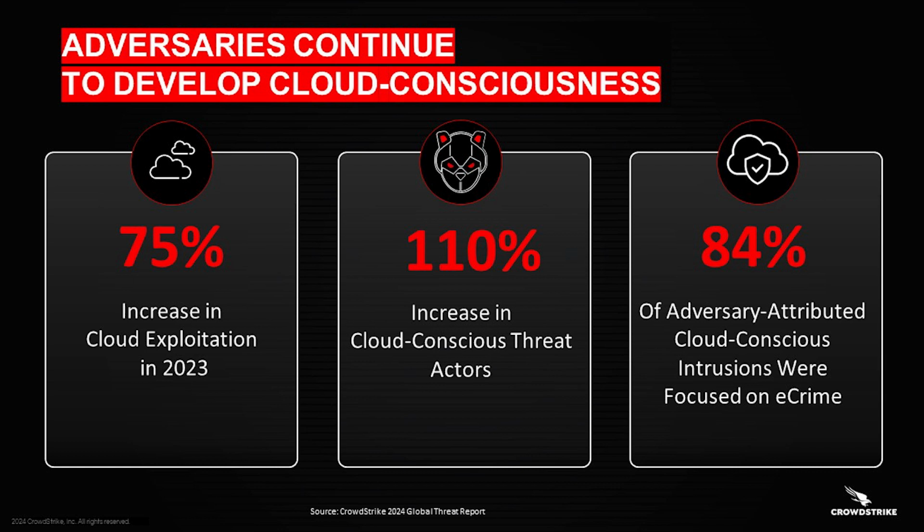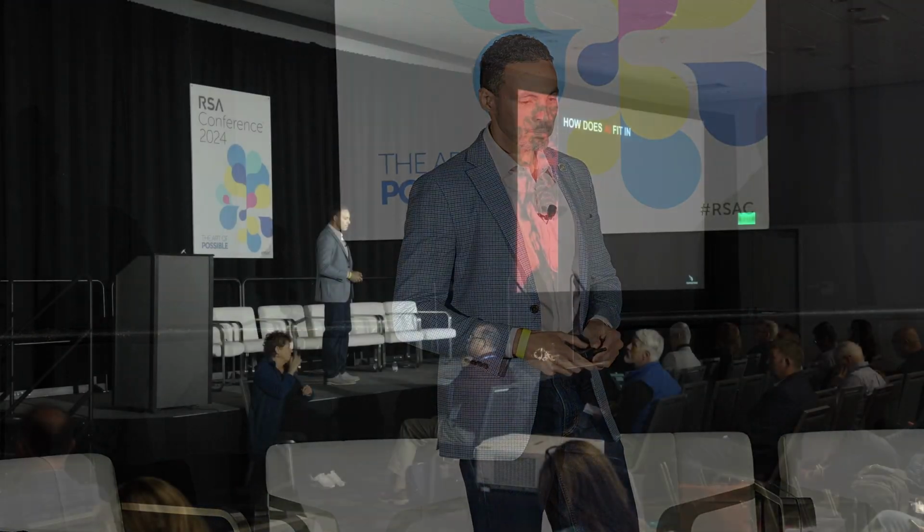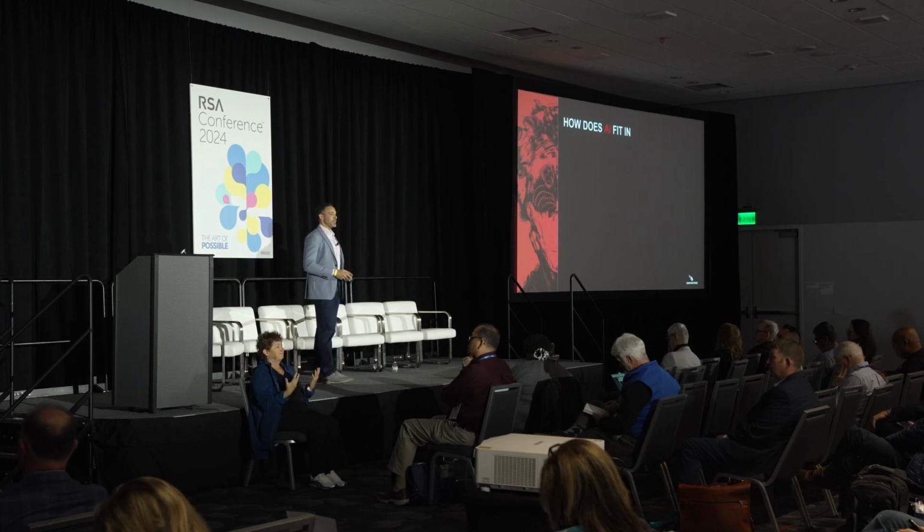About 110% of cases that we studied included adversaries migrating into cloud environments with very efficient knowledge of how to navigate these systems and how to manipulate or take advantage of these configurations. 84% of these adversaries were tied to e-crime, which means there was another small percentage tied to foreign intelligence or nation-state activity that we'll talk about in a few minutes. Okay, so how does AI fit into this conversation?